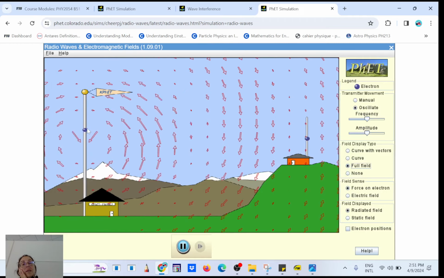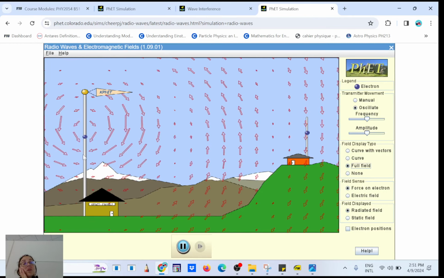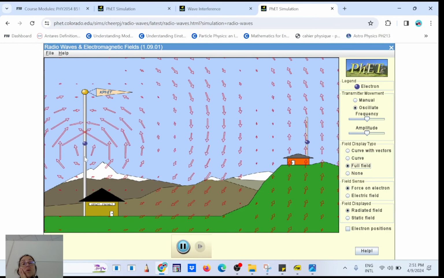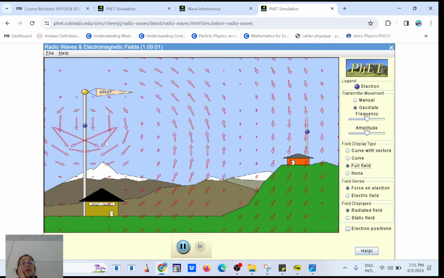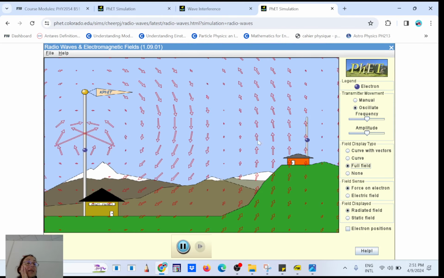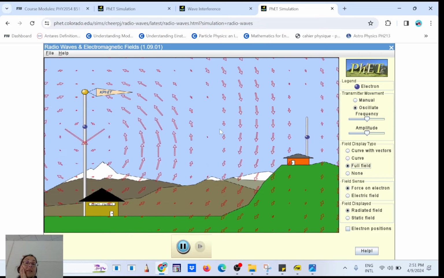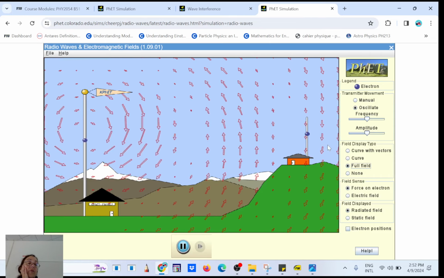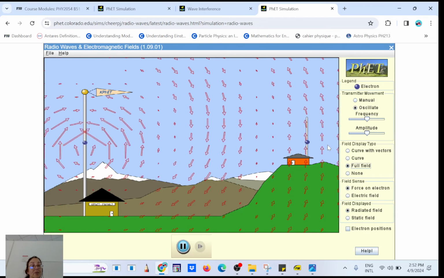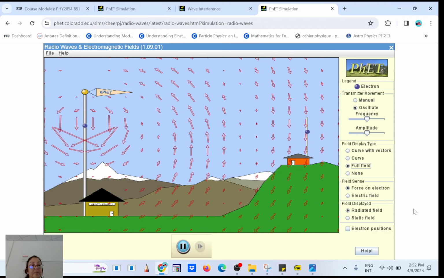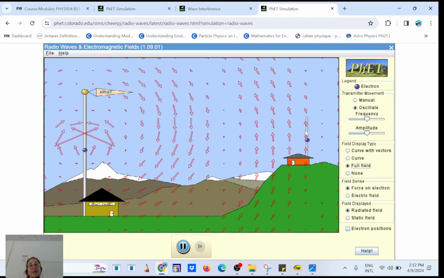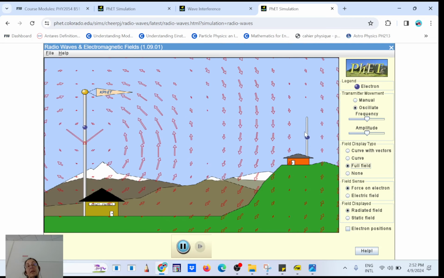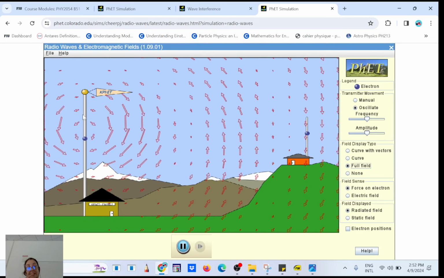So in an antenna, you have an electron that will shake, okay, that will produce an electric field. The electric field will shake, and the electromagnetic wave or the radio wave will move. Isn't that cool or what? Okay, it has to resonate here, okay? It has to shake at the same frequency here.